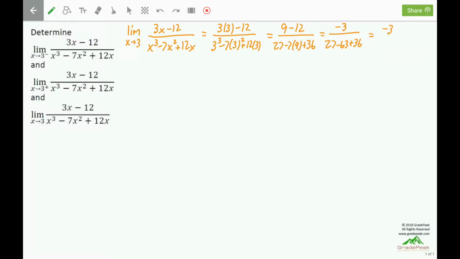This gives negative 3 divided by 27 minus 63, which is negative 36, plus 36, which is 0.